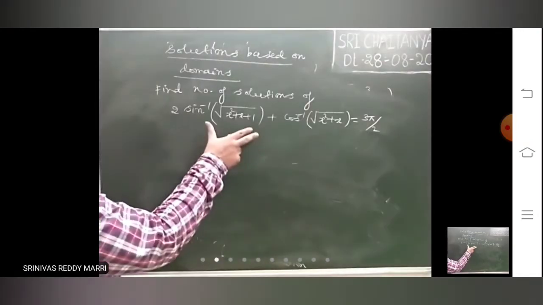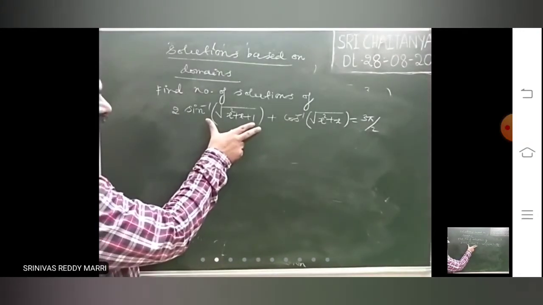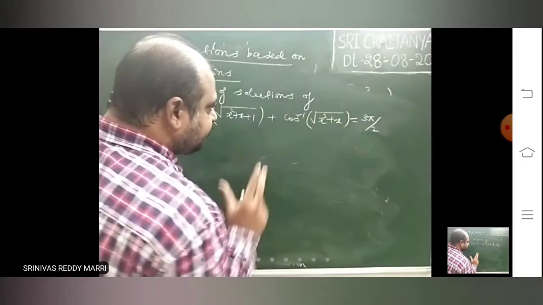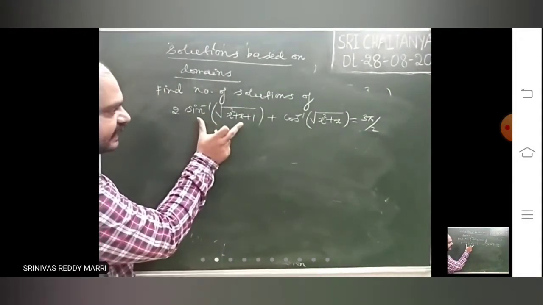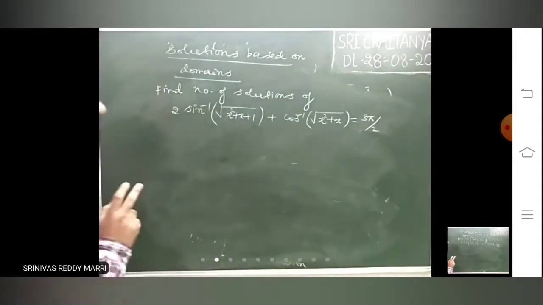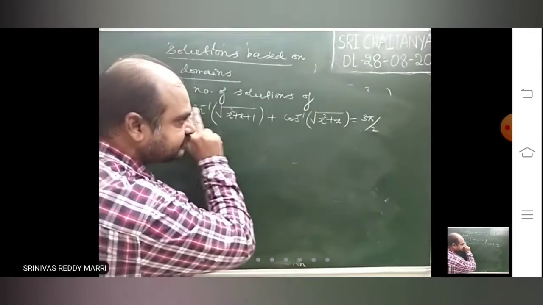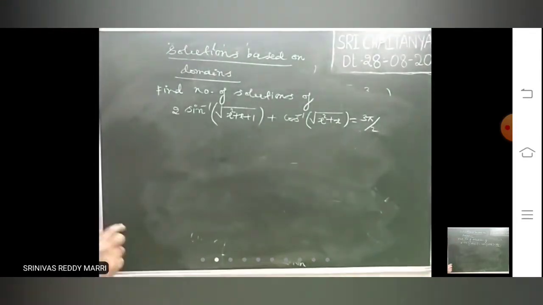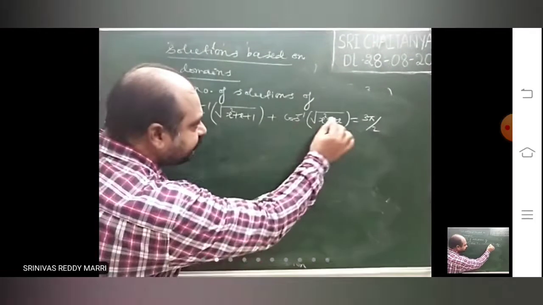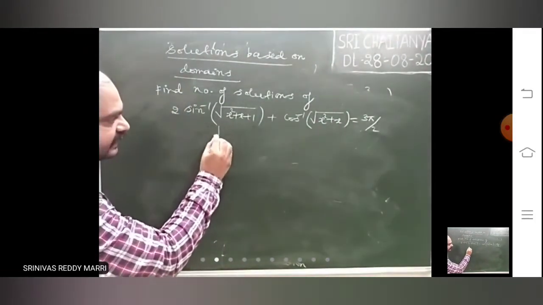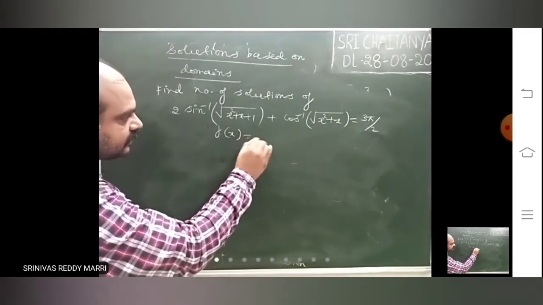Look at this. So in this equation, you can take this as A, this as B, one method. But this will become big if you do like this. What we will do is, whenever the bigger function is there, you take that as f of x.